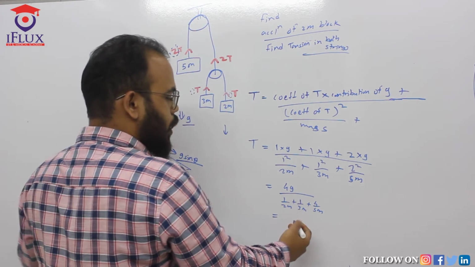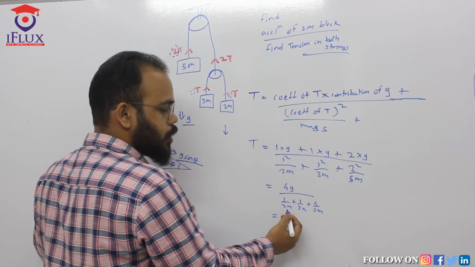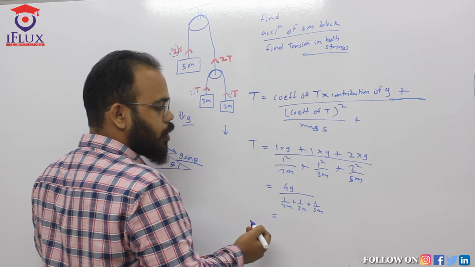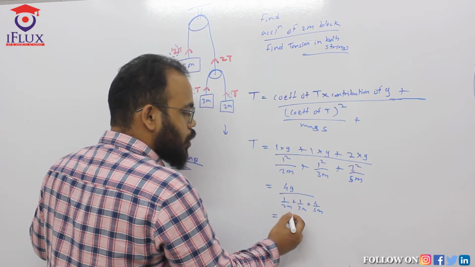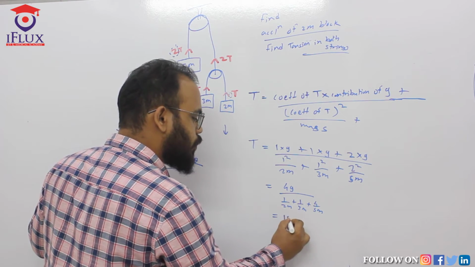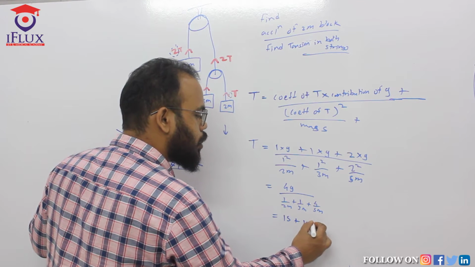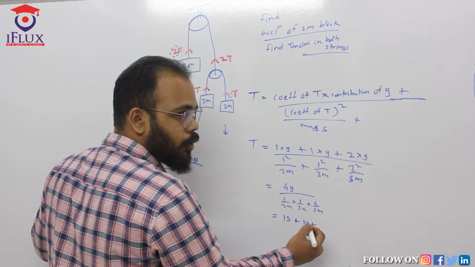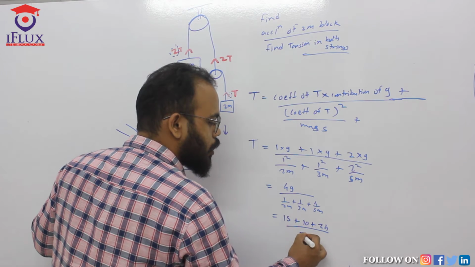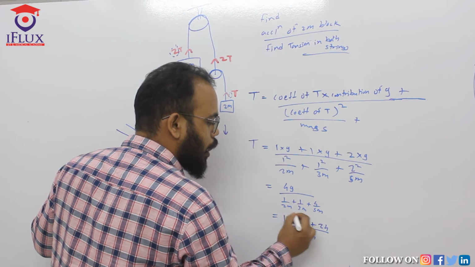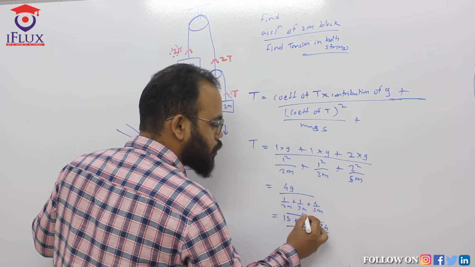So if you simplify this, the common denominator is how much? 2, 3 and 5. The common denominator is 30. So this will be 15 plus 10 plus 4 into how much? 4 into 6, that is 24, divided by 30m, and there is the numerator, that is 4g.